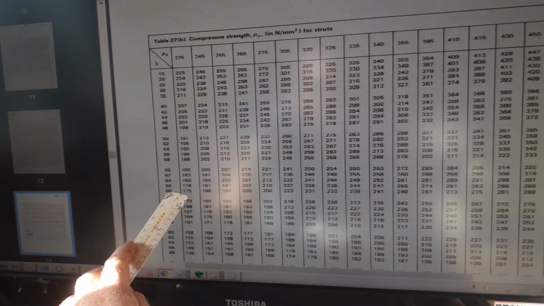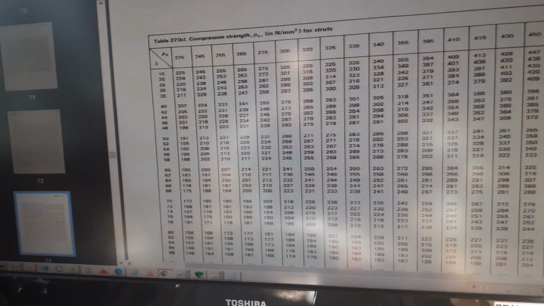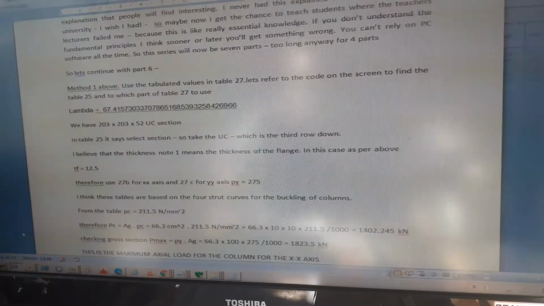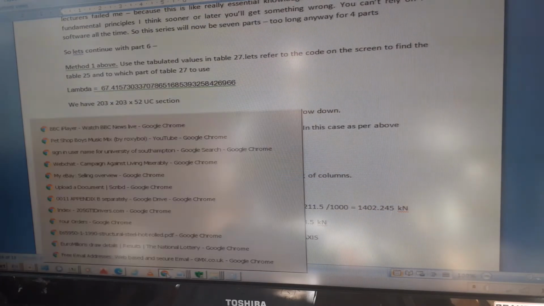So for lambda equals 67, the effect is that pc will be 208. Yeah, 67.4, so let's say 67. So from the tables, pc was 208 newtons per millimeter squared.